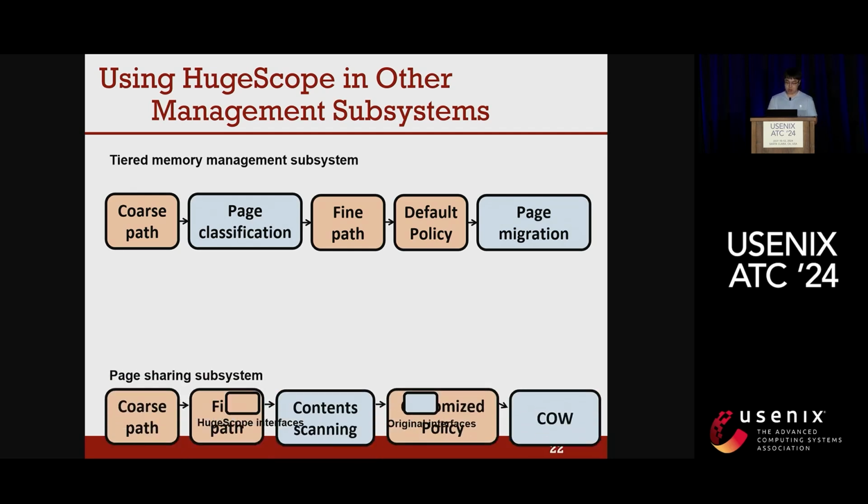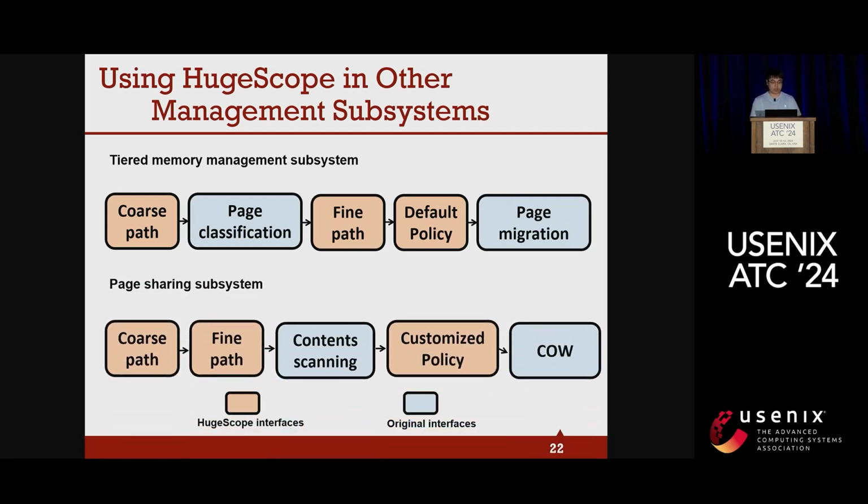For page sharing, we use 2-phase tracking and apply original content scanning and customize the split based on scanning results to ensure only huge pages with identical content base pages and hot bloat are split.